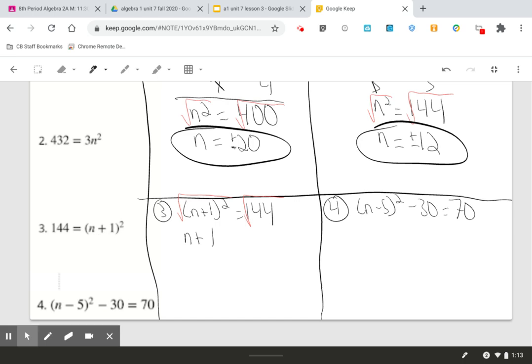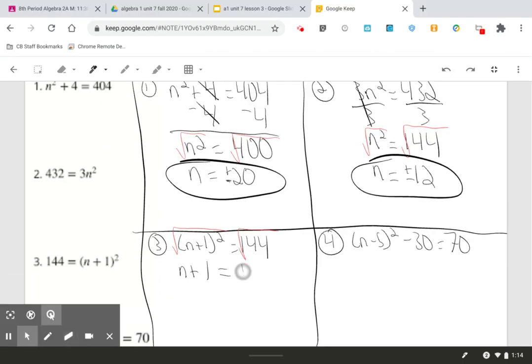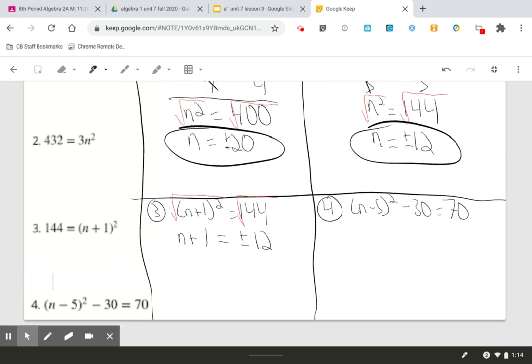Because the squared was outside the parentheses, when I do the opposite, the square root will cancel out the squared, and you're left with n plus 1. On the other side, I have the square root of 144, which, as we saw up here, is going to be positive and negative 12.